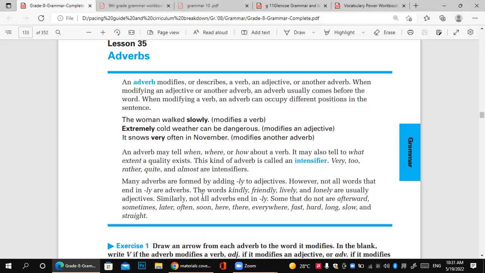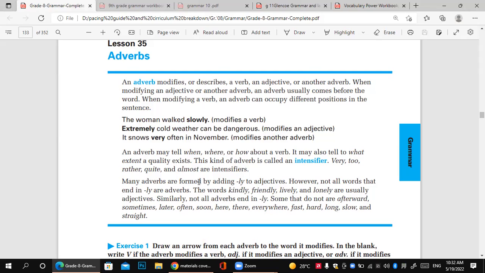For example, the words sometimes, later, often, soon, here, there, everywhere. All of these are adverbs, but they don't end with ly. Fast, hard, long, slow, and straight. All of these are adverbs.